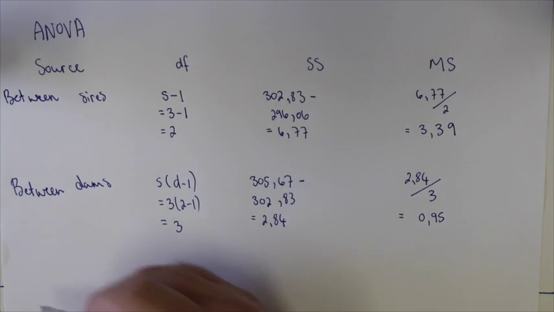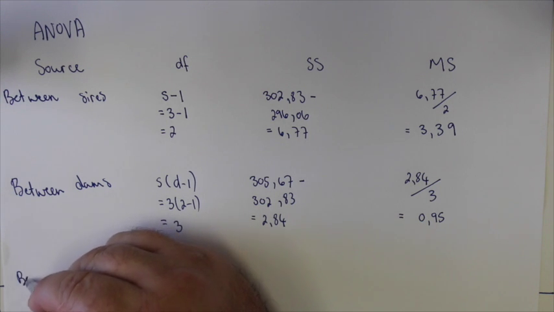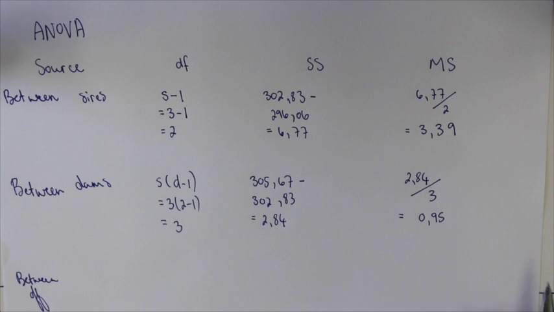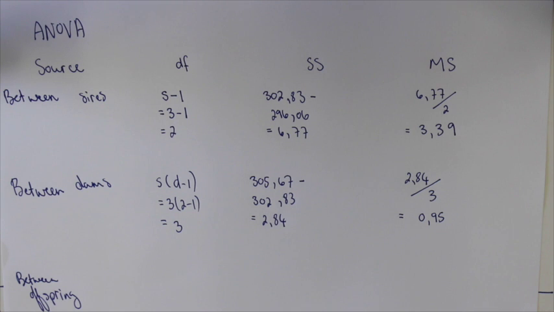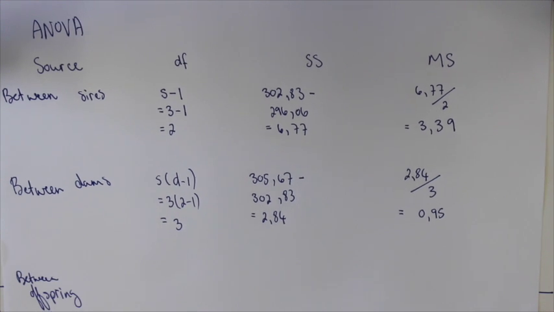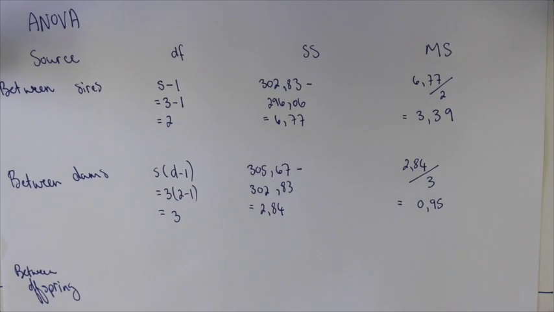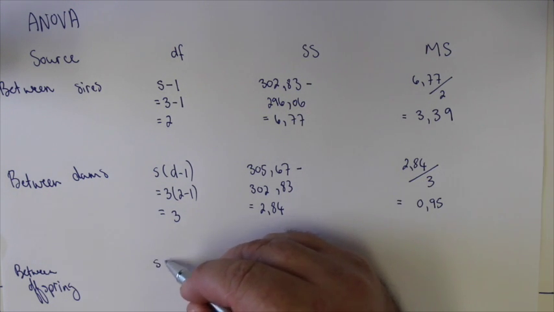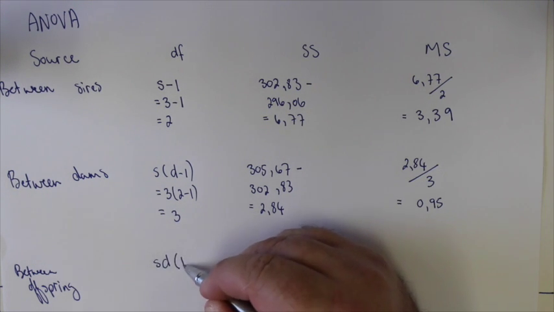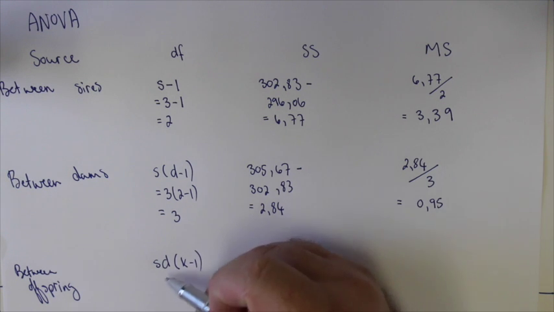Then between offspring. So offspring was k. How many offspring did we have? We had k equals 3, so it's SD times k minus 1.